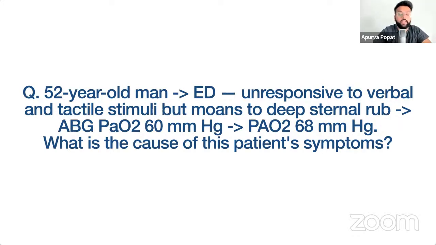So the preferred ventilation in ARDS is low tidal volume and PEEP in a sensible amount. Don't increase PEEP so much. Earlier they used to increase PEEP so much to recruit the alveoli, but that's not preferred now.